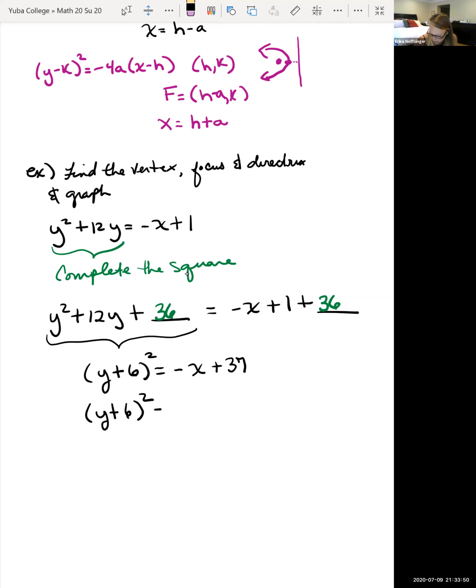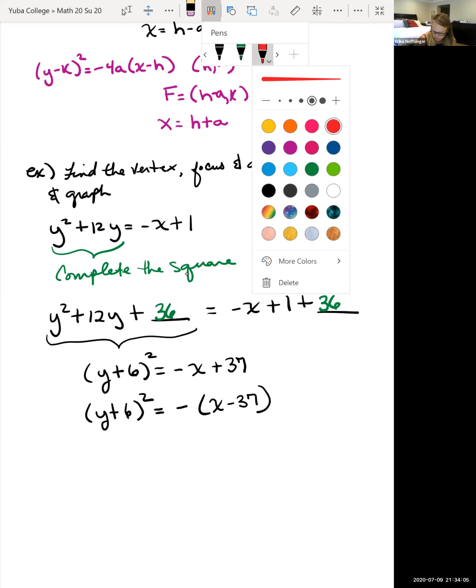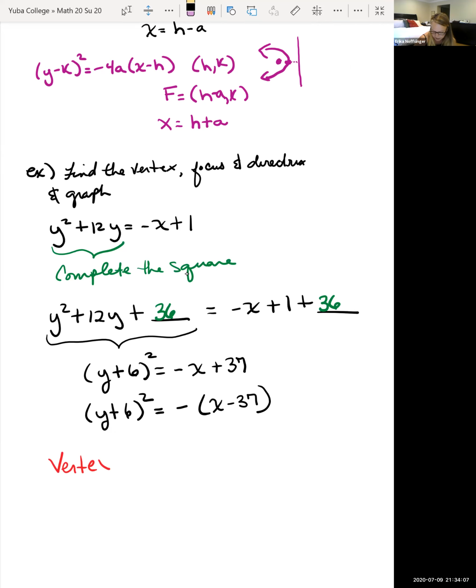So this is negative x minus 37. So this is in the form where I can tell what the vertex is. Well, my h value is always with my x, so that is an opposite sign. So this is positive 37, comma, negative 6.